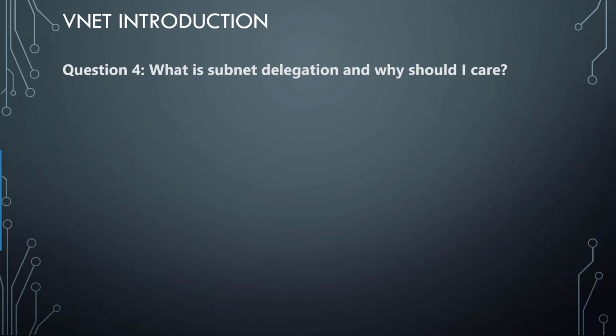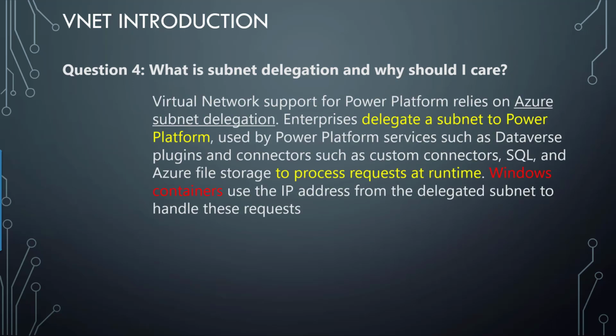Okay, then what is subnet delegation? And why should I care about it? So when you have your subnet and your VNet, we use Azure Subnet Delegation. What is the meaning? Well, we kind of delegate a subnet to the Power Platform. So in this subnet, you can only use the connection to your Power Platform, no other service.